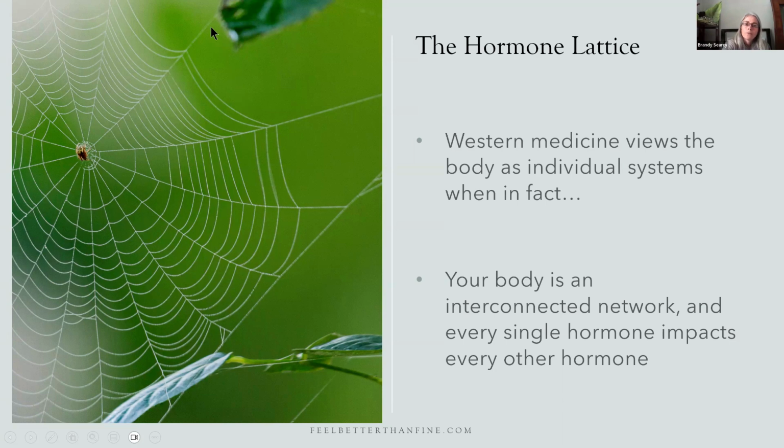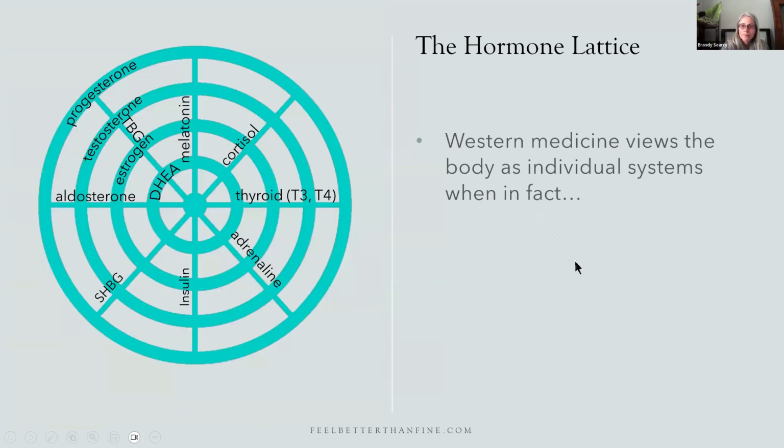What happens if a hummingbird flies through here and breaks one of these anchor strands, these strands that tether the web to the environment? Well, the web folds in on itself. And the spider has more work to do to restabilize the web. In the same way, this is how your body works.